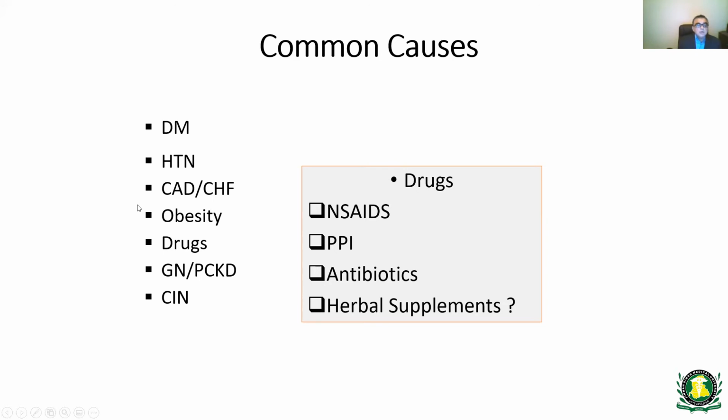Glomerulonephritis can result from focal segmental glomerulosclerosis, membranous glomerulonephritis, membranoproliferative, lupus nephritis, hepatitis, chronic thrombotic microangiopathies, HIV nephropathy, IgA nephropathy, and many more causes.